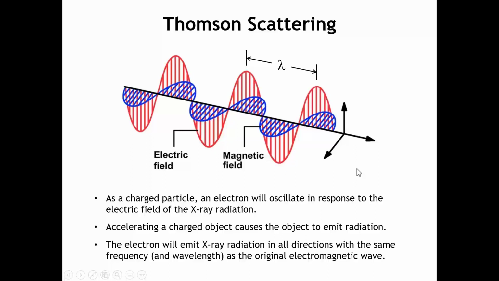And then fundamental properties of physics tell us that when we have a charged particle oscillating, the acceleration of a charged particle leads to the emission of more radiation. And that effect basically causes the electron to emit X-ray radiation in all directions. And importantly, the radiation that is emitted has the same frequency and therefore wavelength as the original electromagnetic wave.